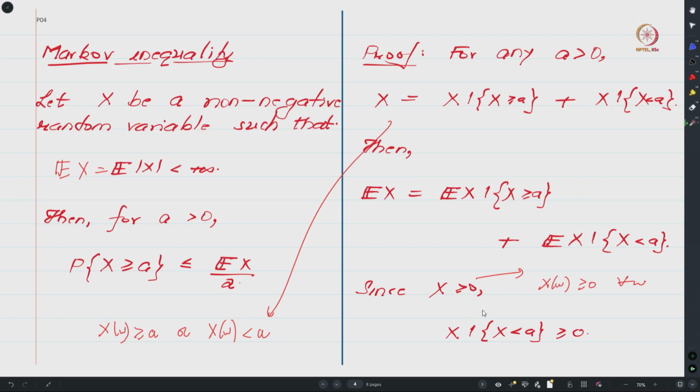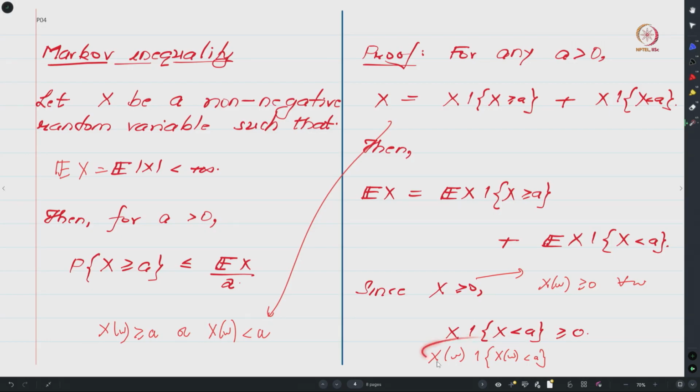So x times indicator basically means for any omega, this is x of omega times the indicator of x of omega strictly less than a. Since x of omega is greater than or equal to 0, this product is greater than or equal to 0.